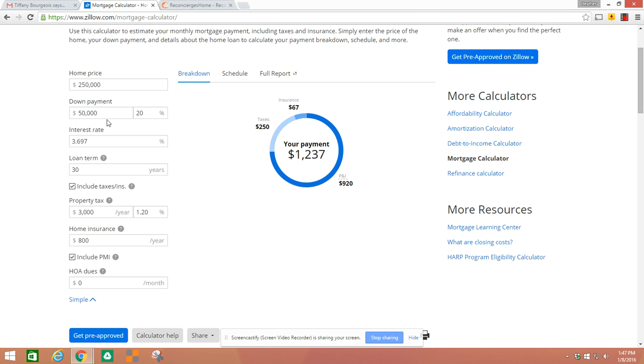Or if you have an actual number, remember, if you put that magic 20% number down, you won't have something called PMI. But if you put less than that down, if you'll notice over here on this circle, PMI is going to pop up on anything less than 20% down. Now, the good news with conventional financing is that it goes away after 20% is achieved from the amortization schedule, which you'll find here if you click on this.